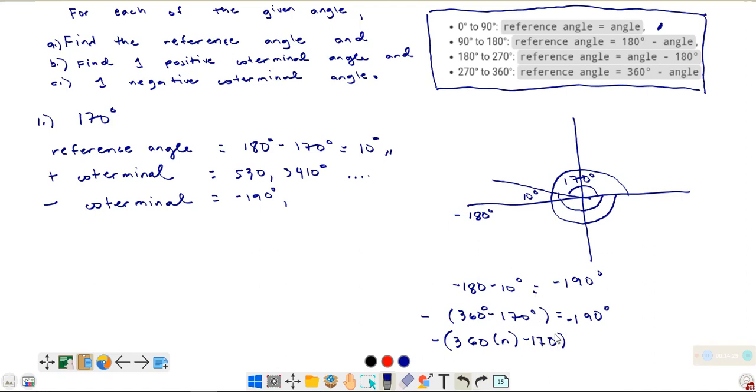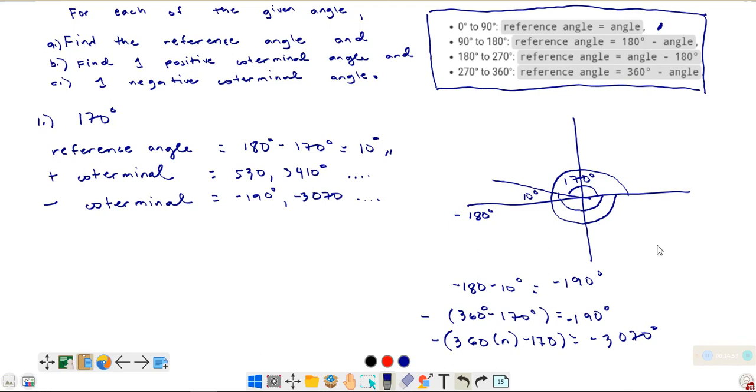For example, gusto ulit natin almost 9 revolutions. Almost 9, kaso hindi nasakop dahil because of the 170 degrees. So, 360 times 9, we have 3,240 minus 170, negative 3,070 degrees. This is also coterminal with your angle. Pwede nyo pa yung paramihin.